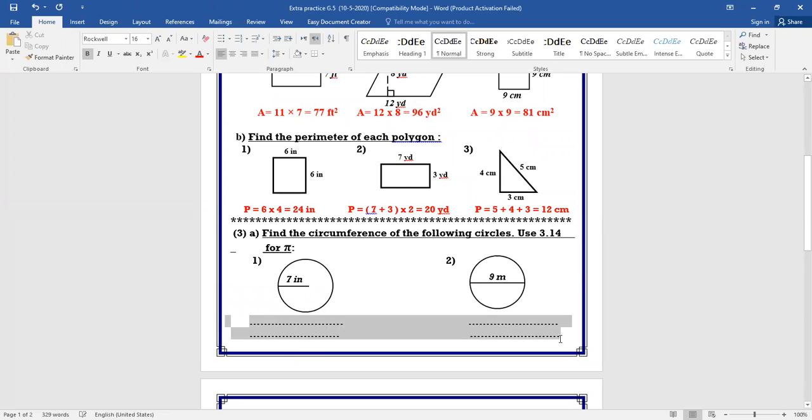Yes, mister. In the first circle, we have the radius.